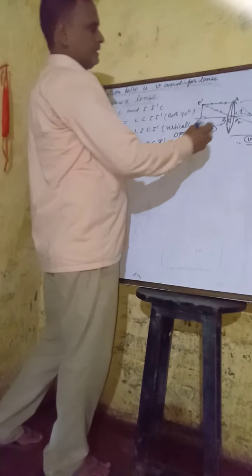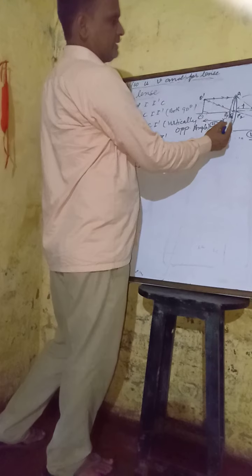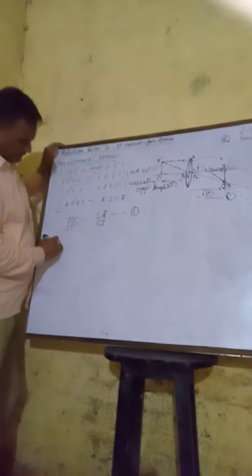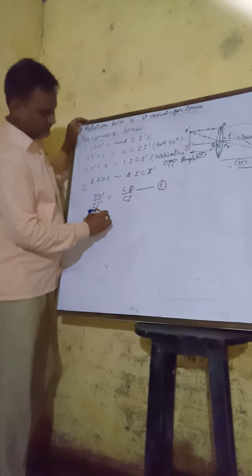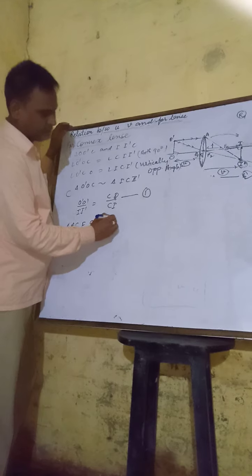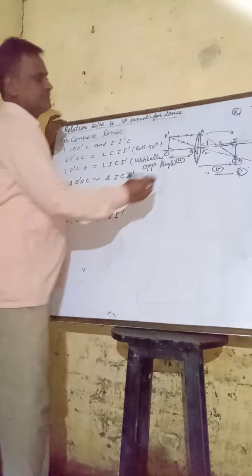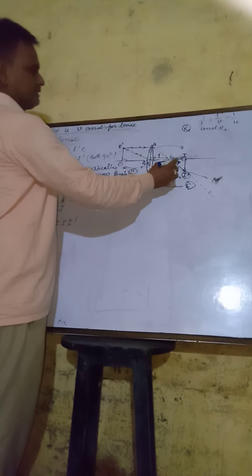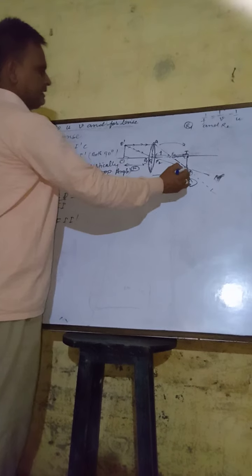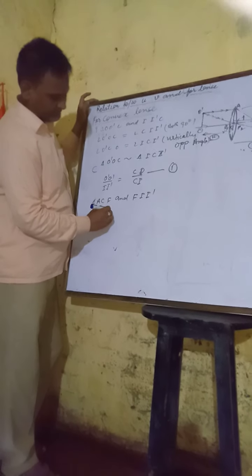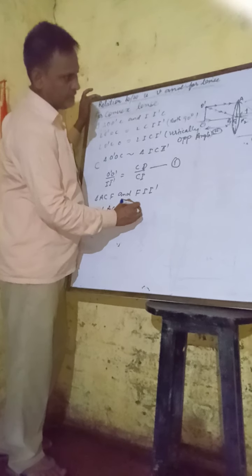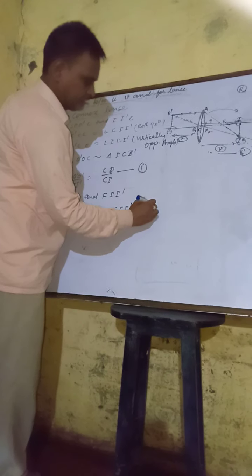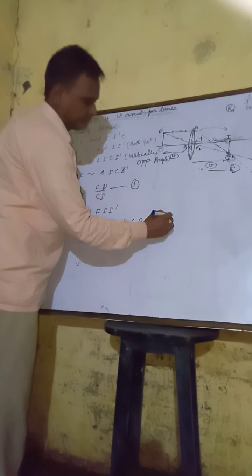Again we take two triangles, triangle ACF and triangle FII dash. You can see here angle ACF is equal to angle FII dash. Why? Because these are 90-degree angles.